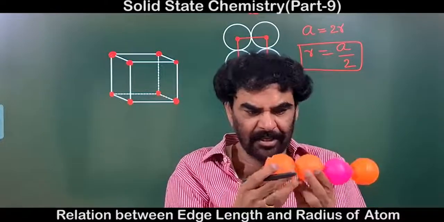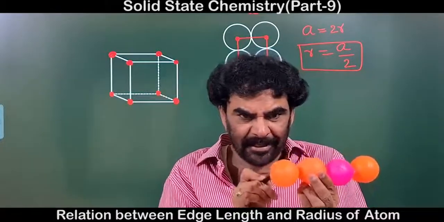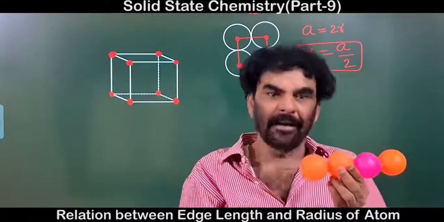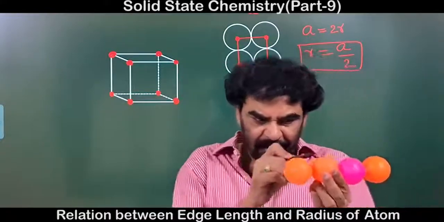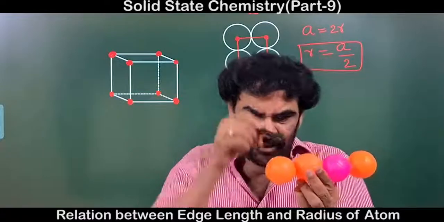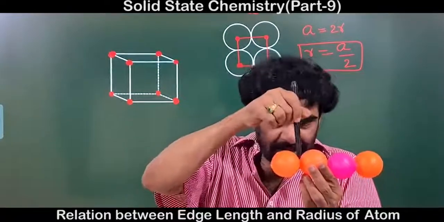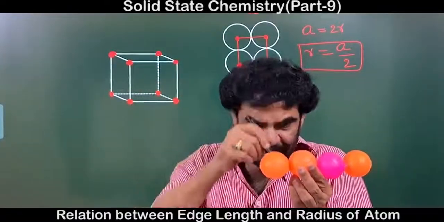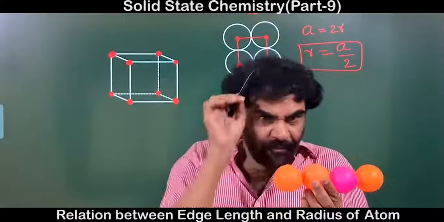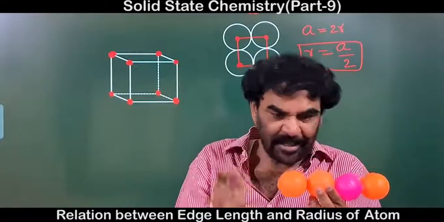When these two are touching, the internuclear distance is equal to the diameter of the atom. Half of the internuclear distance is the radius.